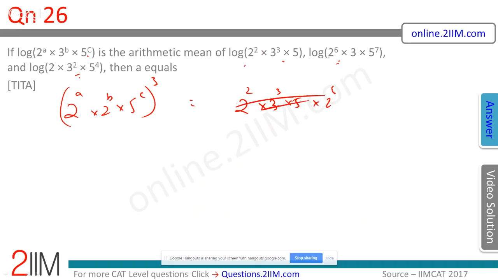So I'm going to multiply like that. 2 power 2 square, 2 power 6, 2 power 1 is 2 power 9 into 3 power 3 plus 1 4 plus 2 6 into 5 power 1 plus 7 8 plus 4 12. This is 3a 3b 3c. A is 3, b is 2, a should be 3. We need to find only a. Done.